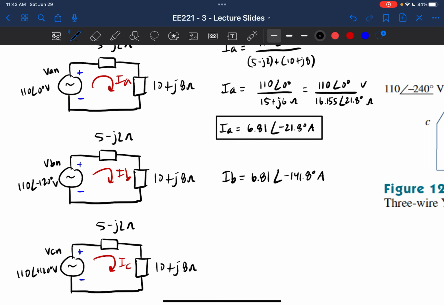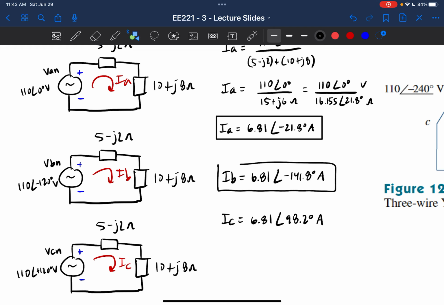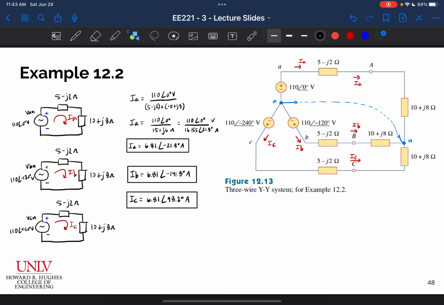So I would write that IC is 6.81 angle, let's see, what is negative 21.8 plus 120? 98.2. So I'm going to have a positive 98.2 degrees there. And so my three line currents, which are my phase currents, are given as such. They're 120 degrees out of phase, just like the voltages are 120 degrees out of phase. And that would be my line currents for this problem here.